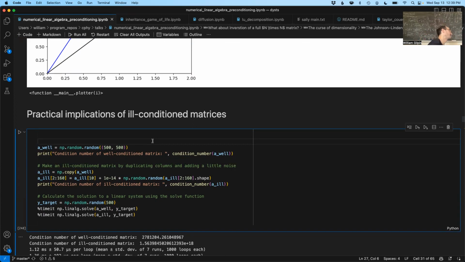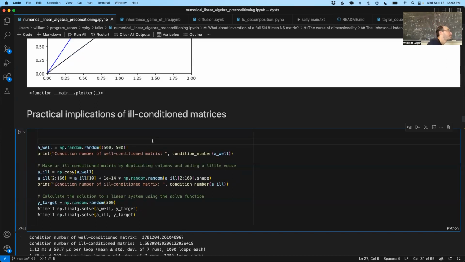In practice, that might mean that you have something like a repeated data point, so you have redundant data and your problem is underdetermined. Or it might mean that you have deficient rank in your problem in some other way. So repeated data points are bad, repeated features are bad. Basically, having a repeated column in a matrix usually is not something you want, and that's signaled by an infinite condition number.